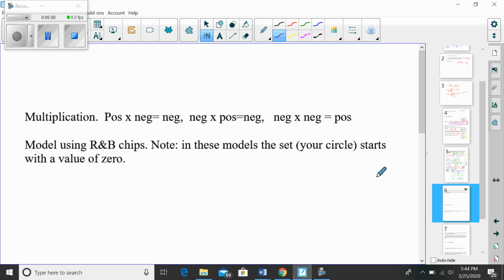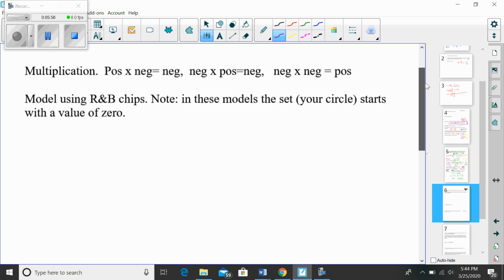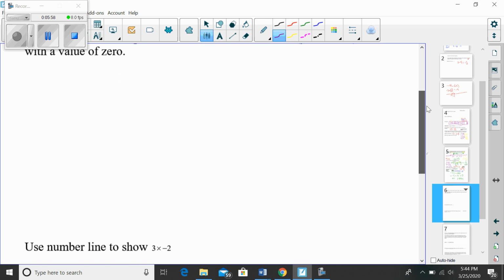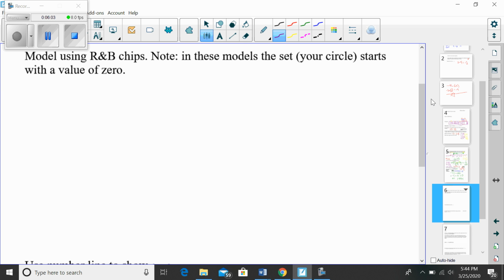Now, if we want to start modeling some of the problems involving multiplication or division, this is a place where it's a little bit harder to find word problems that work well, although I have a couple examples. So again, I'm going to send you to a YouTube video that's going to model how to do these with the yellow and red chips.